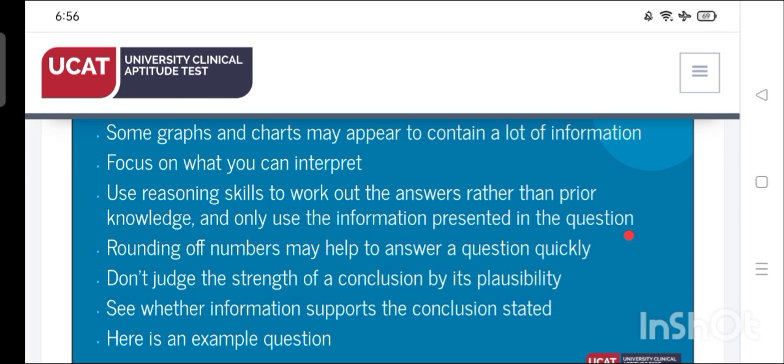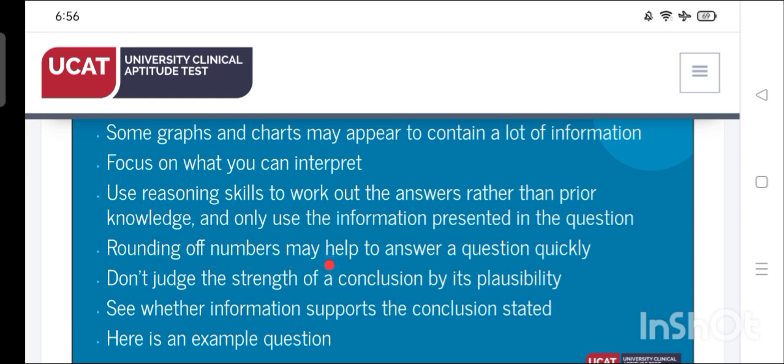Now, the graph and chart that will be presented could contain a lot of information. You just have to focus on what you can interpret, what you can conclude from this information. You have to use your reasoning skills to work out the data and write down the information that you can conclude from these charts or graphs.